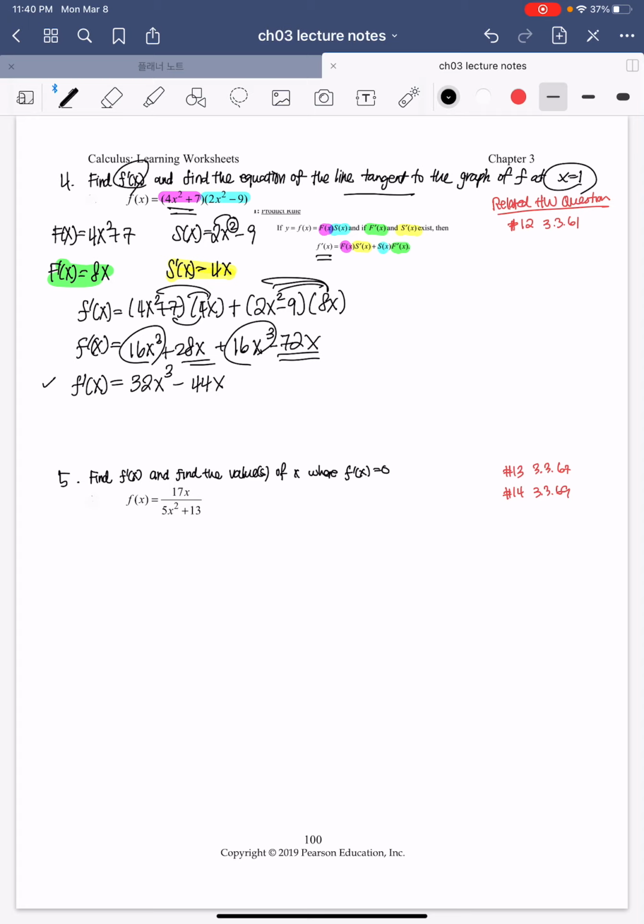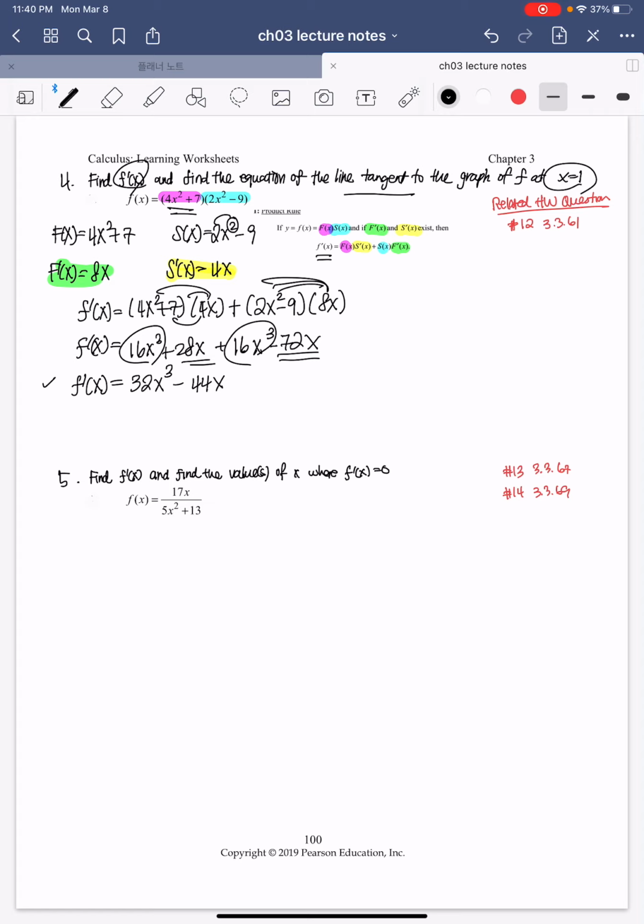Now this will be just the first part. We found this, but it's also asking you to find the tangent line. So what does that mean? Going back to what we learned about the derivative graphically, it tells you a slope, right? So this is a slope function.